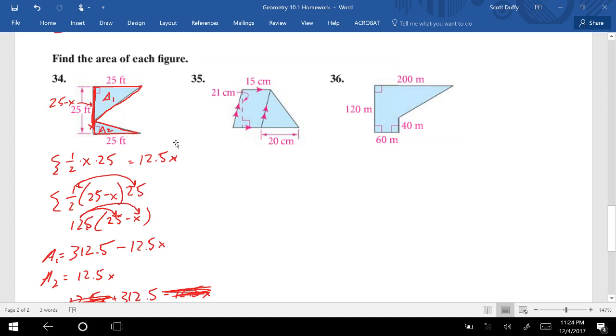Okay, so at 35, we need to find the first area. We'll call this area 1, and that's with a parallelogram. So area 1 is equal to base times height.